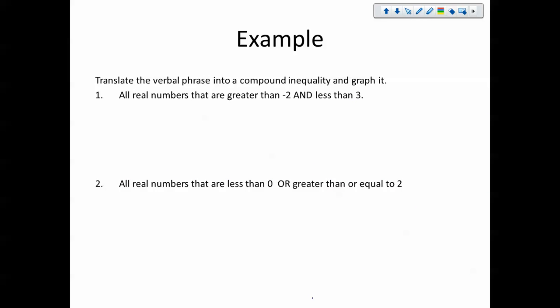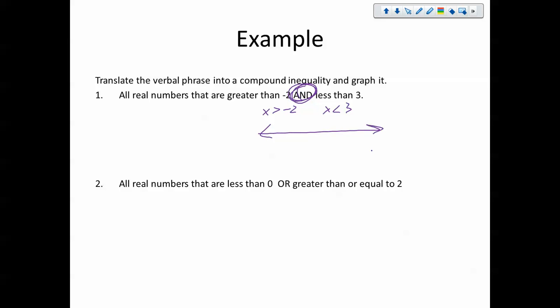So let's do an example of just turning things from words to graphs. Here we have all real numbers that are greater than -2 and less than 3. That's the one that I already did. I randomly chose those numbers too. So x is greater than -2, x is less than 3. Notice that it's talking about the numbers in between, and we have that big old word right there, and.